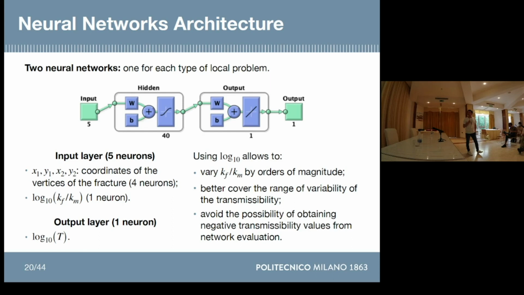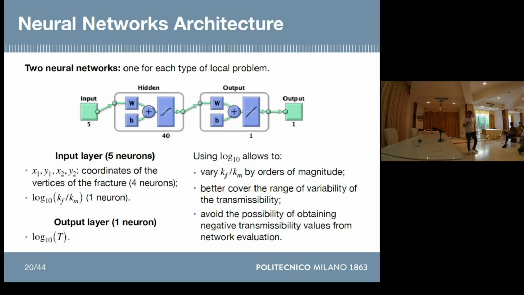Then I considered only one hidden layer, since it suffices to let the neural network behave as a universal function approximator. The number of 40 neurons has been chosen through a trial and error procedure. On the output layer, we have the logarithm of the transmissibility.